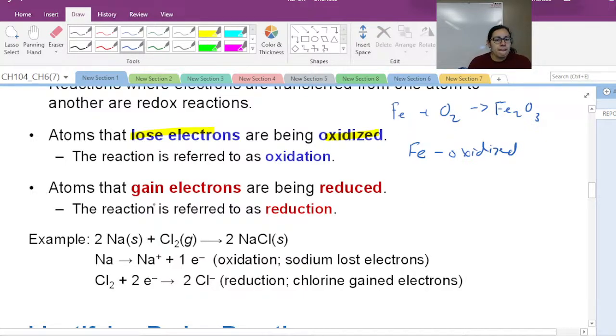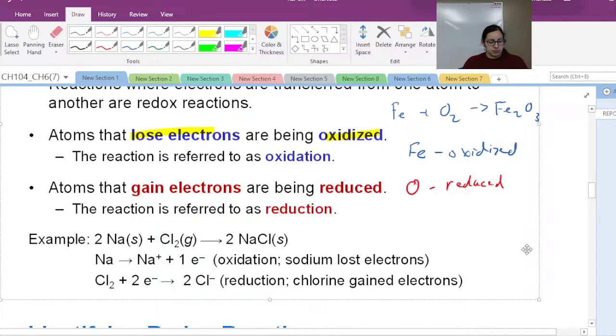And our oxygen is being reduced since it gained electrons. Another hint is that anytime you add oxygen to something, usually it's oxidized, and the math works out in this case. We added oxygen to iron, so therefore iron was oxidized. Makes sense so far?